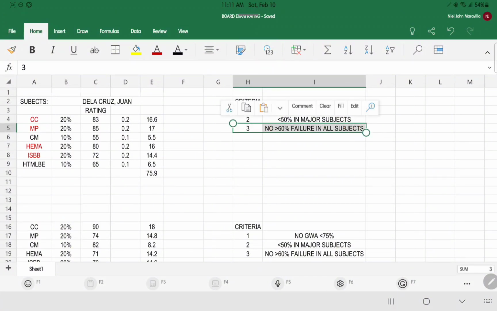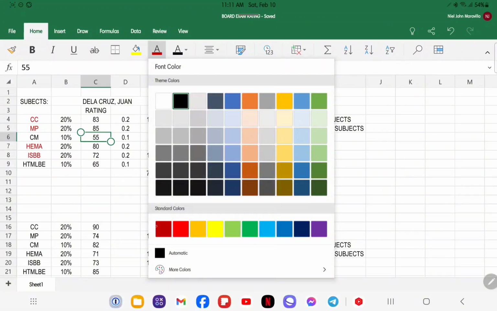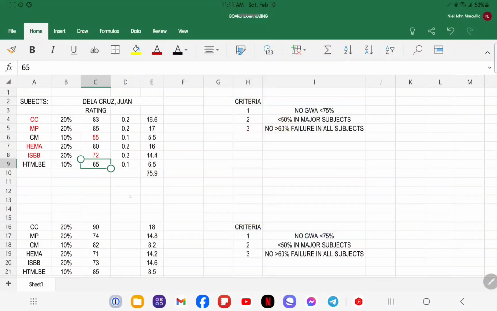How do we check this? Check the subjects he failed. He failed this one, this one, and this one. He failed three subjects, so let's look at their percentages: 10% for clinical microscopy, 20% for ISBB, plus 10% for HMLBE. 10 plus 20 is 30, plus 10, that is 40%.